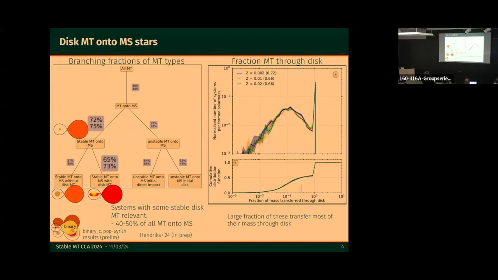That's on the plot on the right side, and it basically shows that more than 50% of these episodes transfer more than 50% of the mass through disks. Basically, what I wanted to know in my population synthesis calculations is whether this is in any way important. The answer is yes, they appear in my population synthesis results, so we should probably have a good look at how we treat these things.